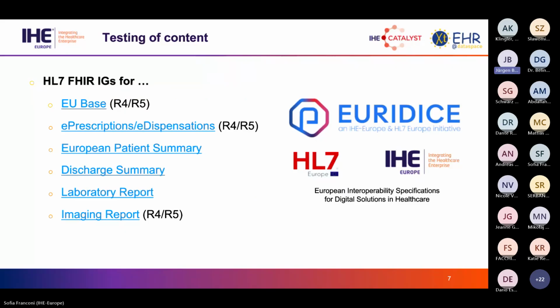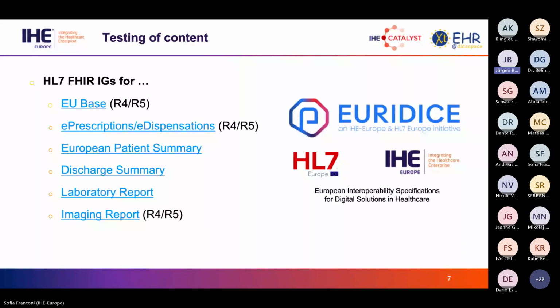Here you find the links to the implementation guides. For those new, we have EU Base, which more or less defines the core specifications for Europe for patients and practitioners and so on. So the EU Base is practically part of all of the other implementation guides.